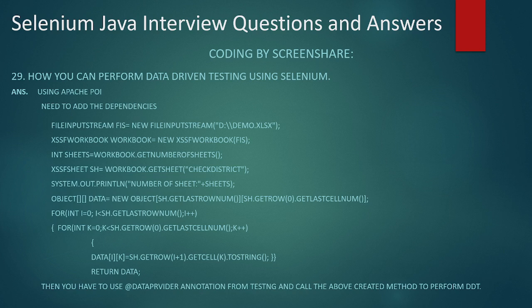Here you pass the method name of the code you have defined for the XLS, meaning the Excel sheet reading or writing. Then you just run that code.